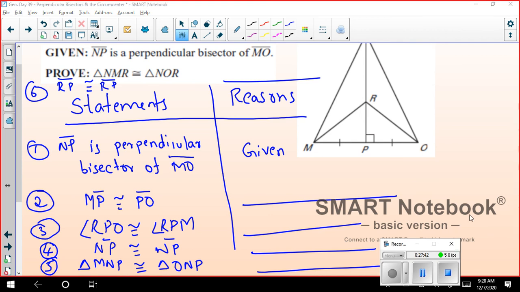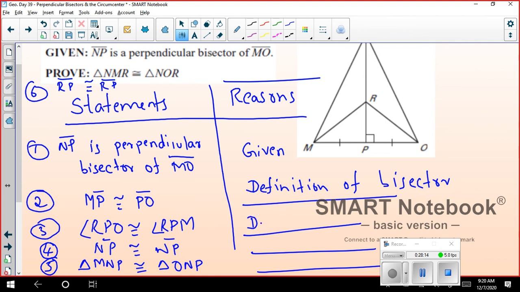As your friends listed, it's absolutely right. This is the definition of bisector. And angle RPO equals angle RPM, which is the definition of perpendicular.